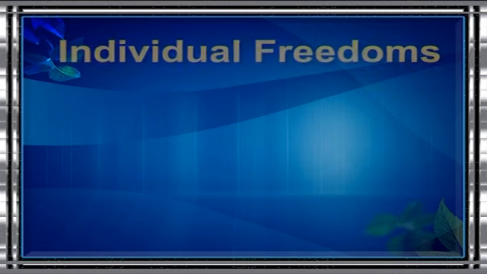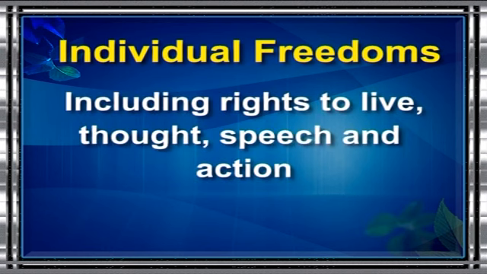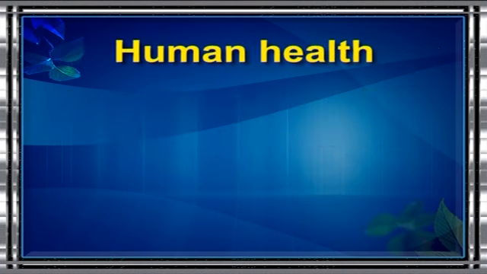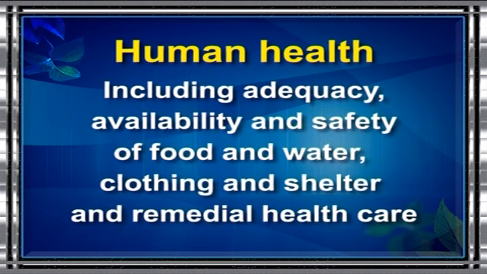Starting with the individual and moving to the global, socio-economic indicators of ecosystem health might include individual freedoms, including rights to live, thought, speech and action. Next is human health, including adequacy, availability and safety of food and water, clothing and shelter and remedial health care.